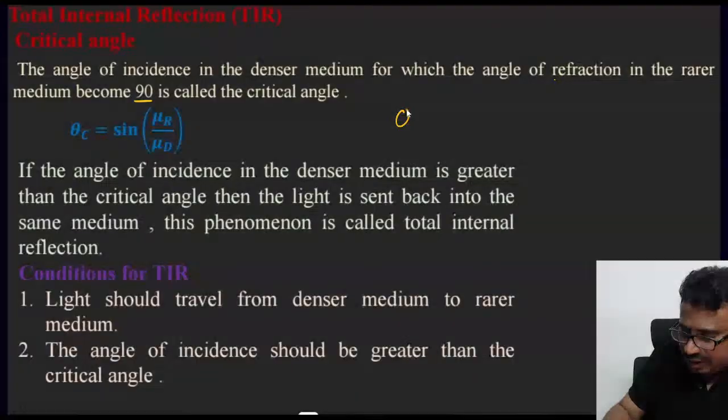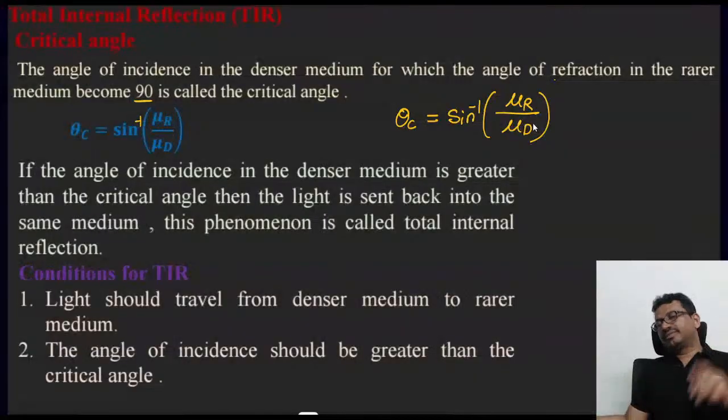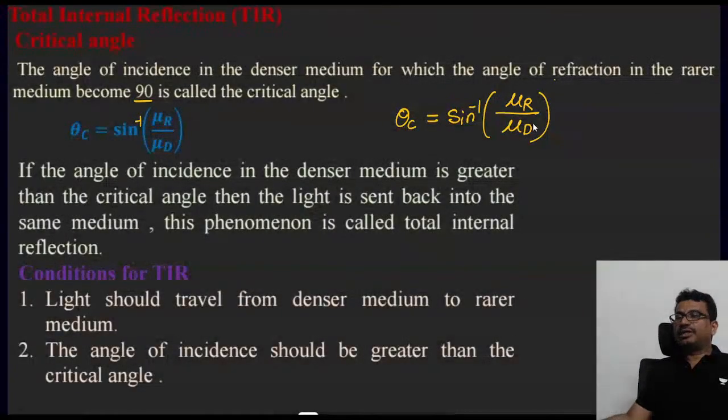The critical angle is denoted as theta c, which is given as sine inverse of mu r by mu d, rarer medium by denser medium. Simply we can say small by big: sine inverse of small by big is called the critical angle.